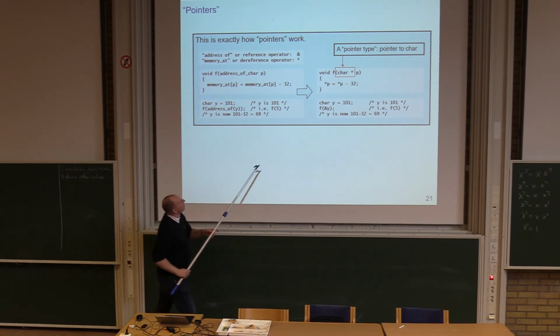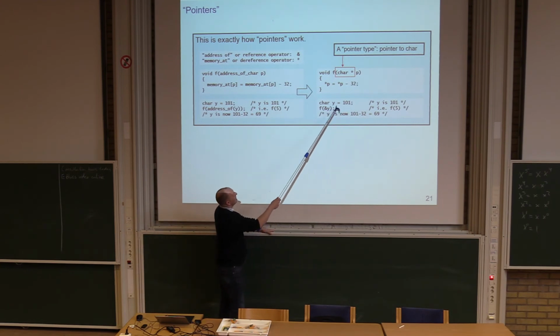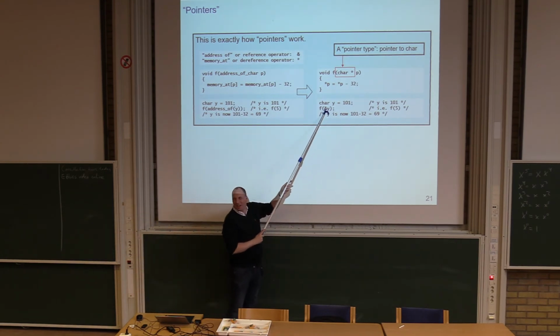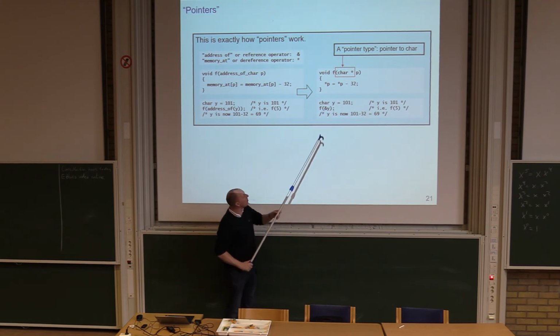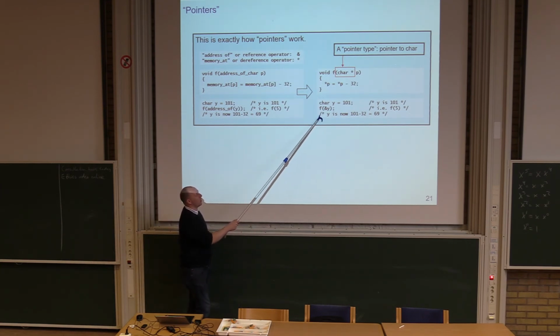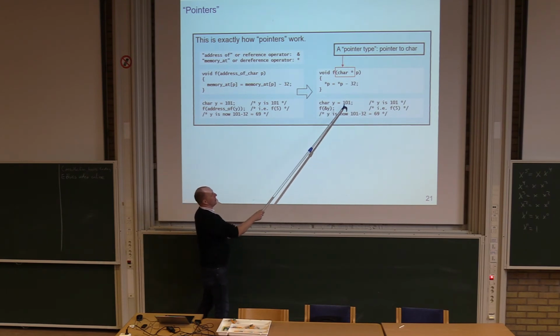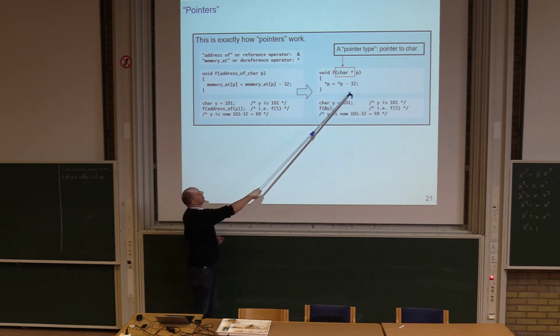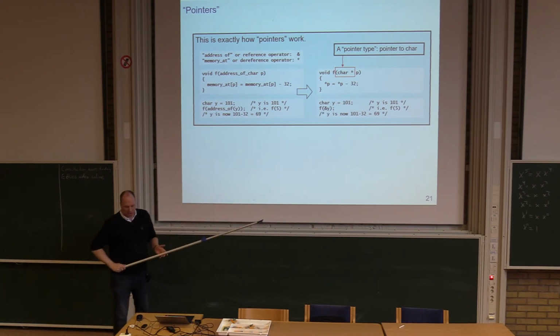If you would like y to change, you declare the variable y like here, and then you send the address of y by putting the ampersand before. So now it's not sending the value of y, but the address where y is stored. Inside the function it will change the value. So if you print out y below here, if it was 101, it will be decreased by 32, as defined here, and it will print out 69.